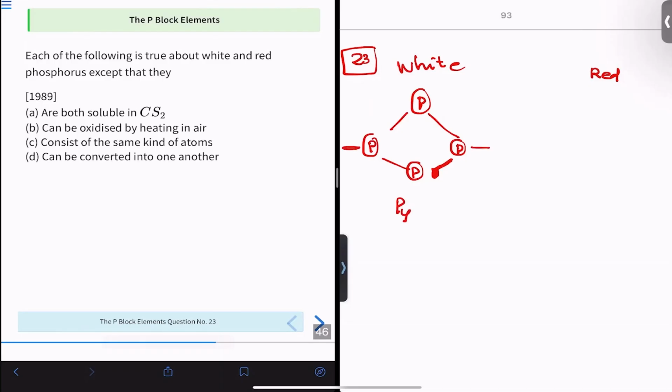Our red phosphorus structure is this: tetrahedral units, but all the tetrahedra are in connection with each other. Red phosphorus is polymeric.